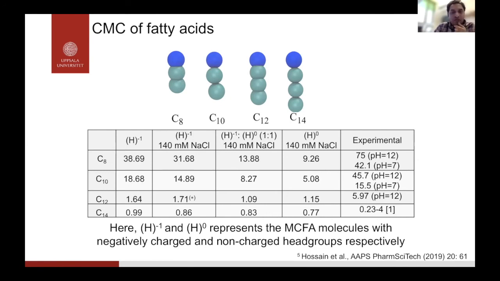So we assume that the CGMD results underpredict a little bit, but overall the trends show that it can capture the aggregation behavior based on the ionic strength, the pH, and the chain length of these fatty acids. So overall, we can consider that the coarse graining parameters which we developed here are quite reasonable to use in coarse graining simulations.